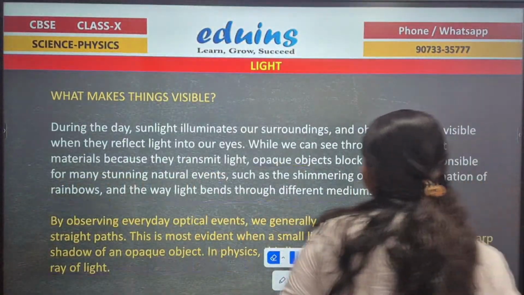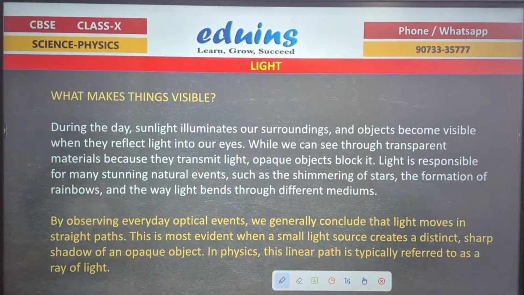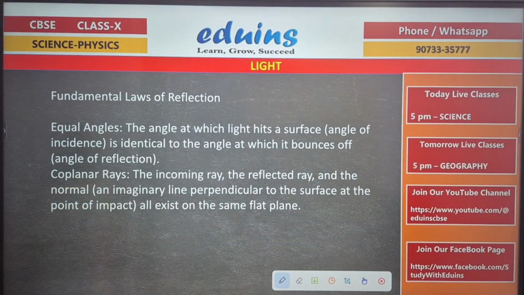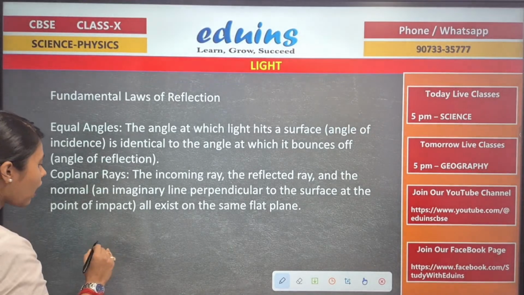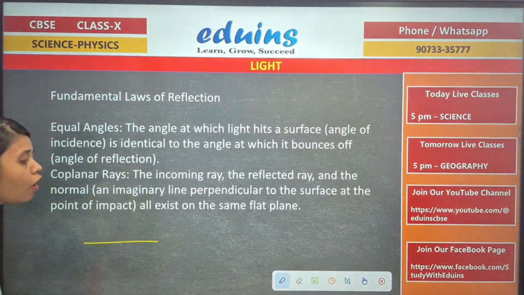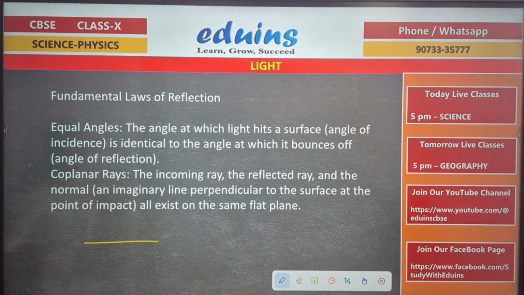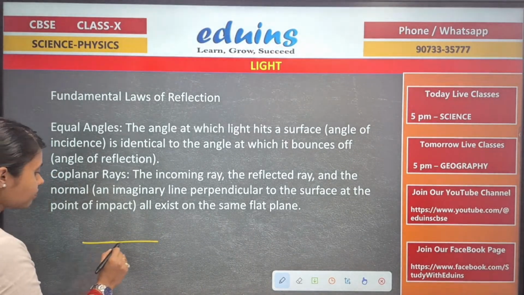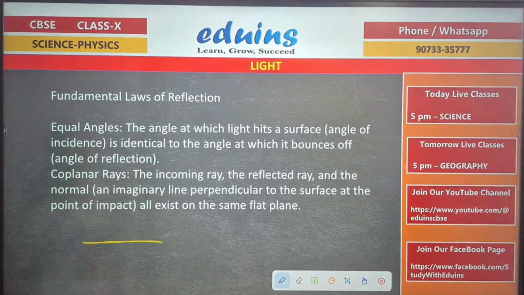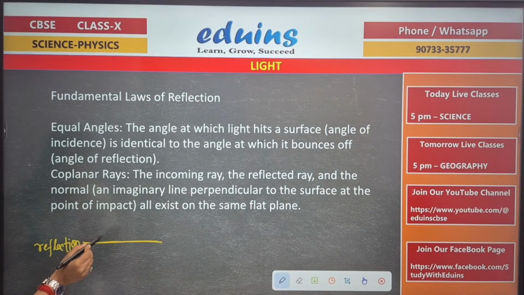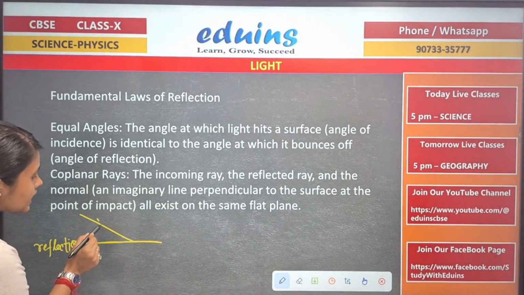Before that, we have to study reflection first. Now, the fundamental laws of reflection. At first we have to draw a ray diagram of reflection. This is the incident ray.